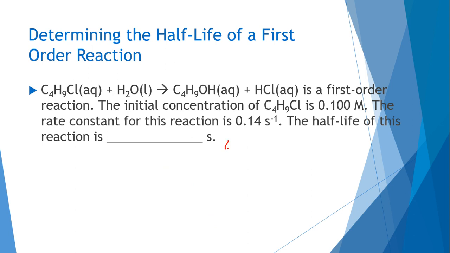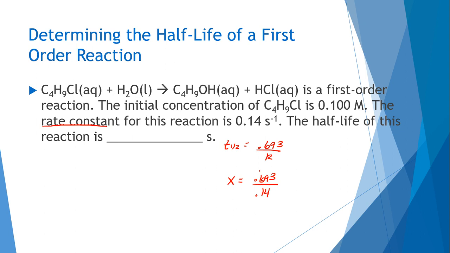So remember, our equation is T of 1/2 equals 0.693 divided by K. It's asking us to find the half-life, so that's going to be my X value, my 0.693, and then I have to figure out what my K is. Remember, K is the rate constant. So here it says my rate constant is 0.14.